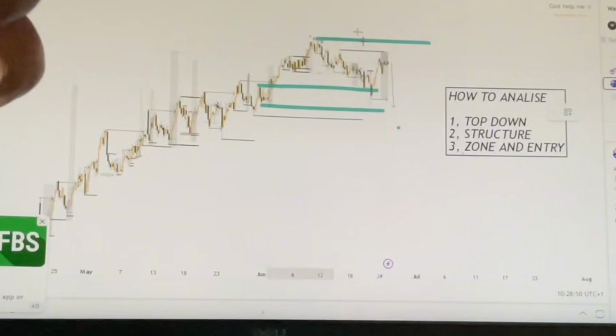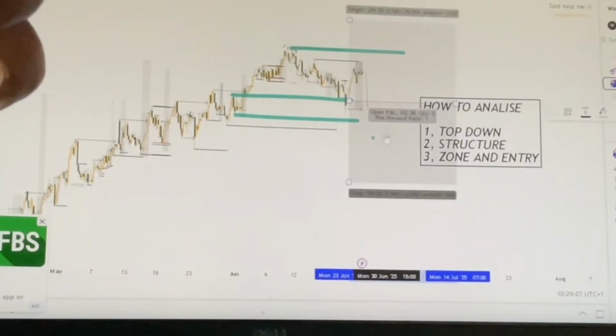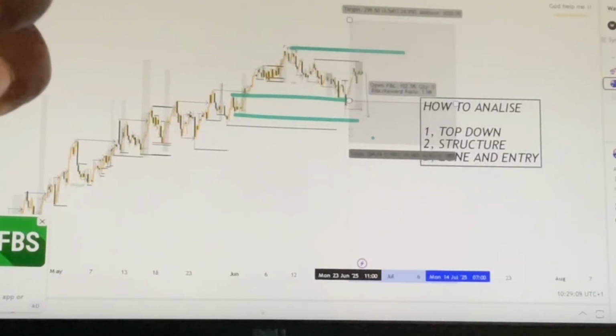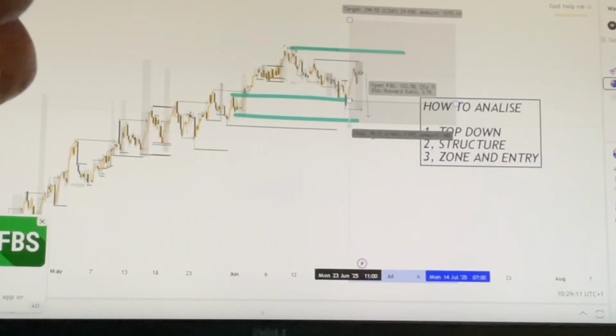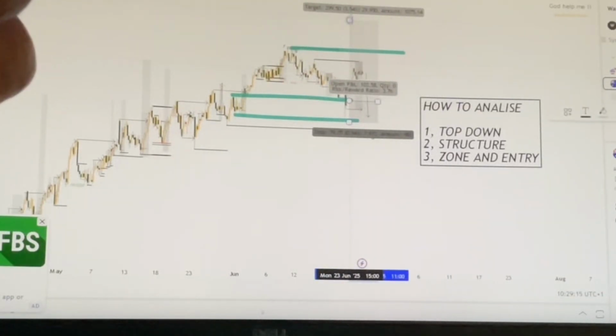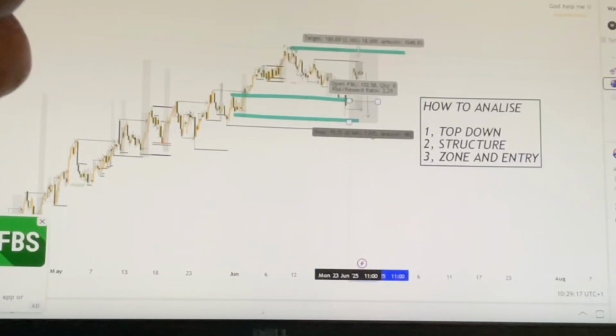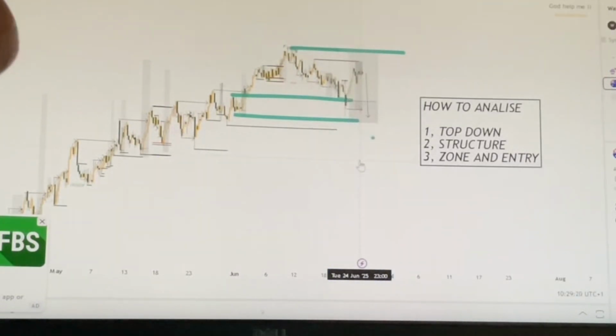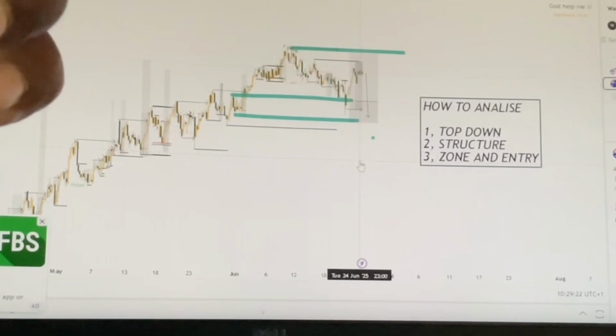So if we enter like this, where's your buy? Here's my buy. Do you understand? Is it clear?